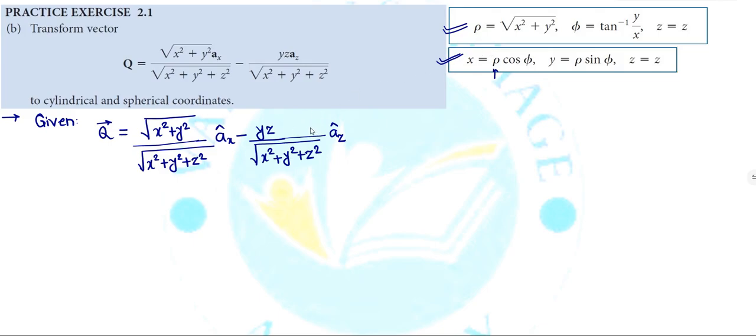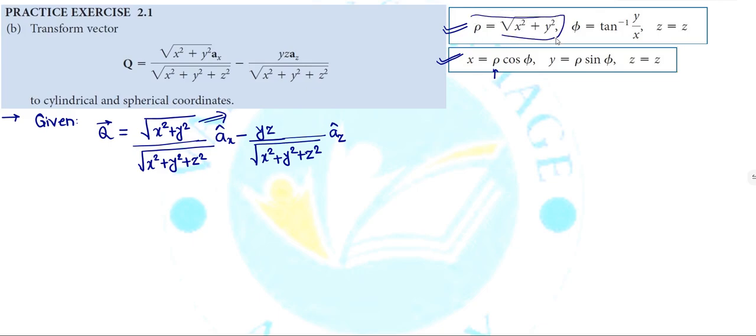Now if you look at your given vector, we have that vector Q is equal to square root of x square plus y square divided by square root of x square plus y square plus z square. Now we are going to replace those values with respect to the values over here. For the square root of x square plus y square, we can rewrite that as rho.